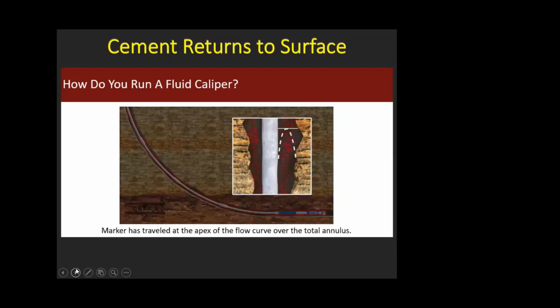So the marker that we have put in has been traveling at the apex of the laminar flow curve over the total annulus. This is where the concepts of fluid dynamics come in. That flow curve is going to be steeper or more blunt, depending on many factors: the hole size, the pump volume, the viscosity of the fluid, and several other things.